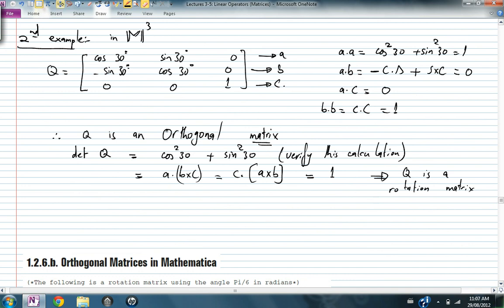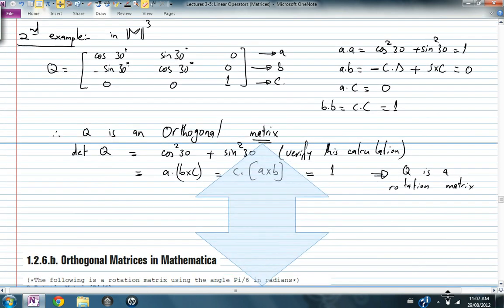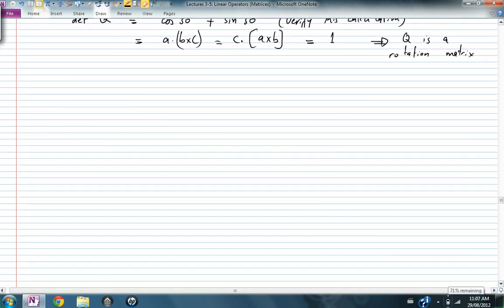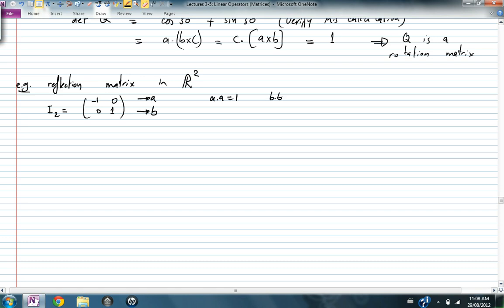Now let's give some examples of reflection matrices. And let's look at it in R2. Let's look at this matrix. If I call this vector A, if I call this vector B, A dot A is 1, B dot B is 1, A dot B is 0.